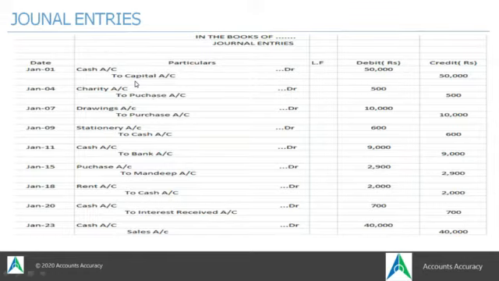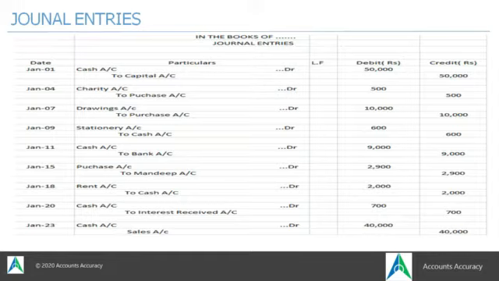This journal has several accounts like cash account, capital account, charity account, purchase account, drawings account, stationery account, bank account, Mandeep account, rent account, interest received account and sales account. So for all these you will prepare a ledger. I had already shown you the format, so in the same way start making the ledger accounts for all these.